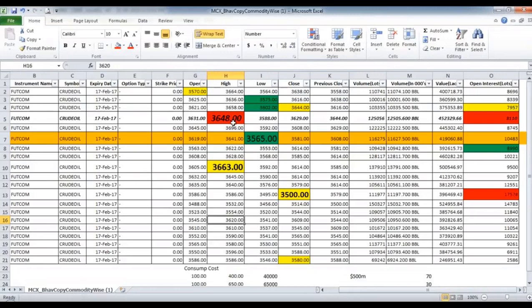Now, when it didn't happen around this level, you will be able to spot maybe 36.20, 35.41. Now let's see.